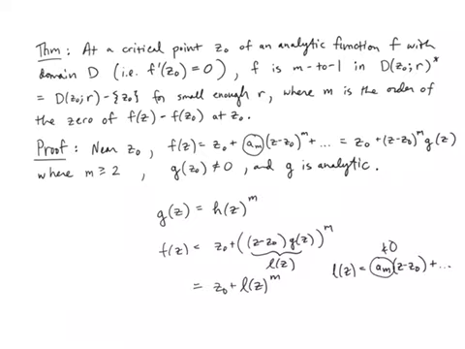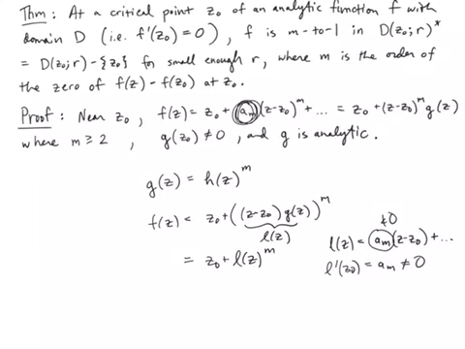That's the same a sub m as up here in f. And so L prime at z naught is equal to a sub m, which is not equal to 0. So this L has a non-zero derivative at z naught, and so it's locally invertible. So L inverse exists near z naught.